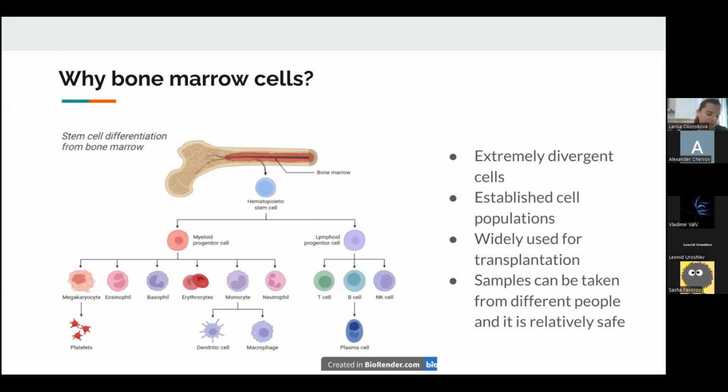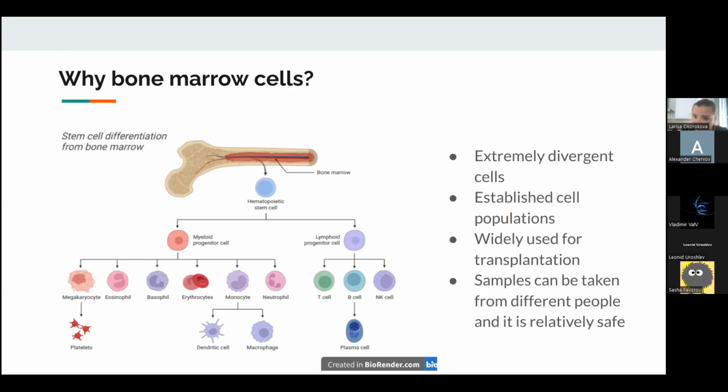They can have very different morphology and very different function. The bone marrow as a tissue is a very good example of this, because this particular organ has extremely divergent cells. They can give birth to very different populations like immune cells, ordinary erythrocytes, and all this stuff. So that's the first rationale to take this tissue for this competition.